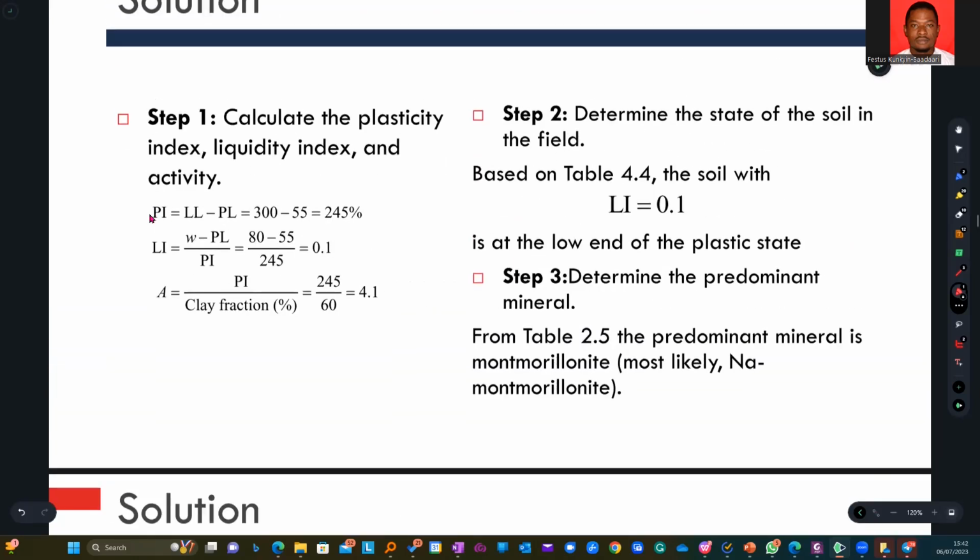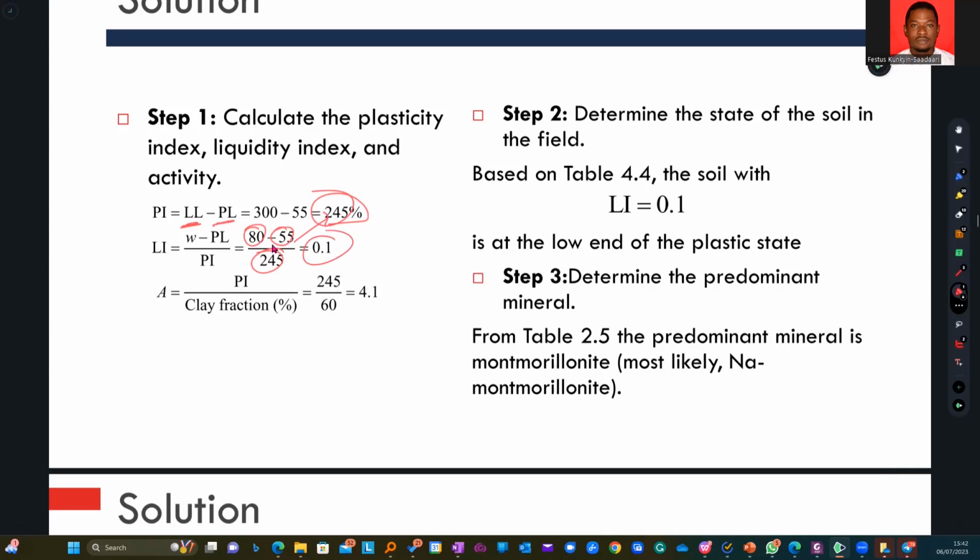So plasticity index is equal to liquid limit minus plastic limit. And so you have your plasticity index of 245%. To determine your liquidity index, you take the natural water content minus your plastic limit, all over the plasticity index which you have calculated, and that will give you 0.1.